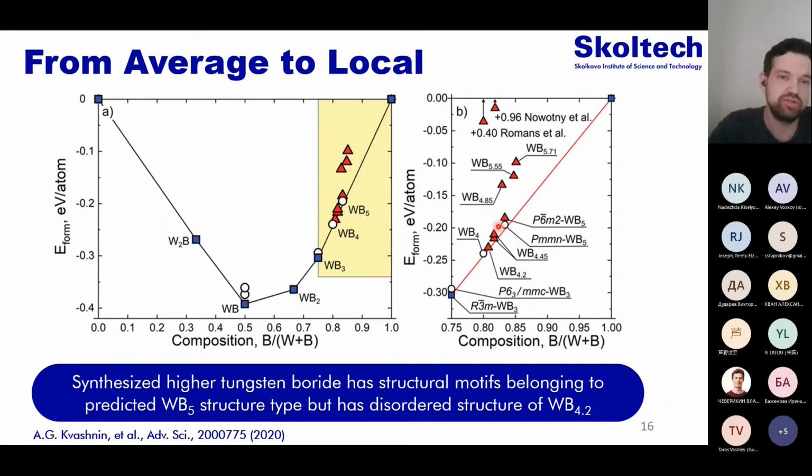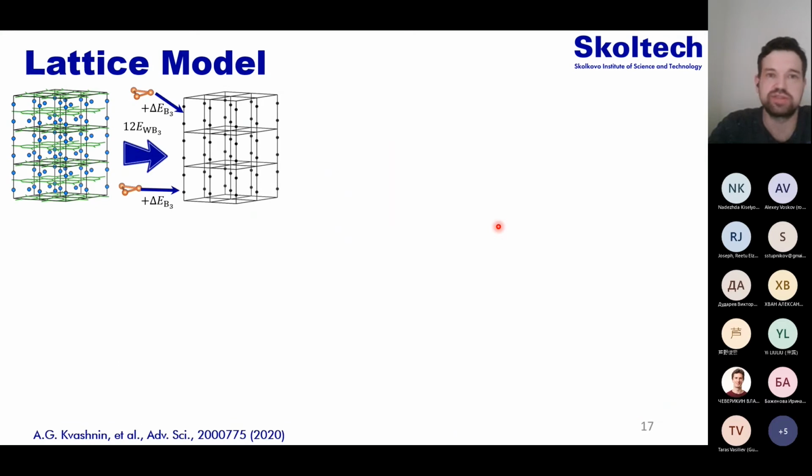To solve this issue, we propose a lattice model where we have a lattice of tungsten boron 3, and we have different sites where we can put the structural units of tungsten boron 3, and the triangles of boron, which are the key element of tungsten boron 5.